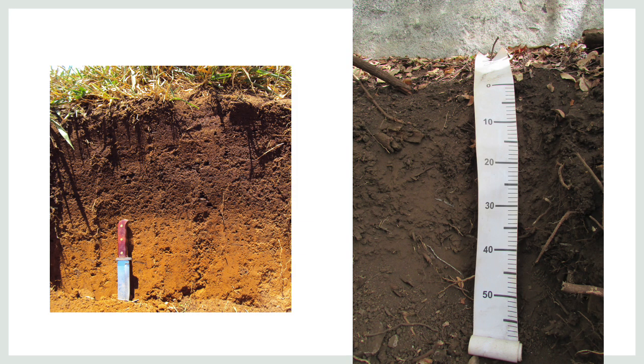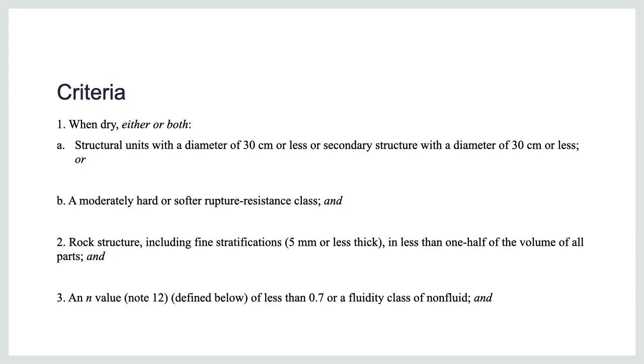So all of these cases you can see are Umbric patterns. And let's see the criteria. In this case, it's equal to the Mollic. You should register plates or aggregates with 30 centimeters or less. You should register a soft structure, something that can be easily broken when I do this kind of movement using my fingers.